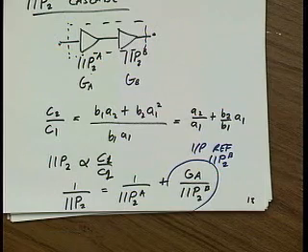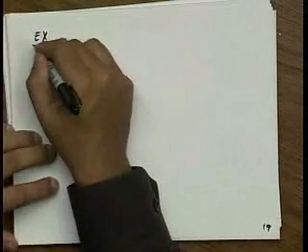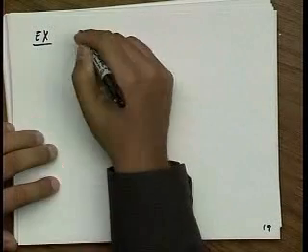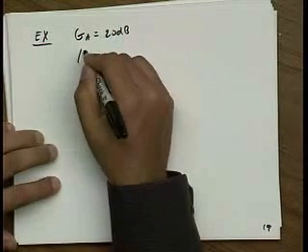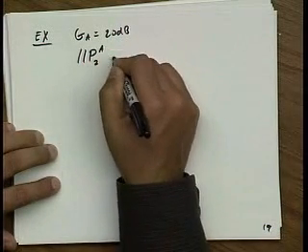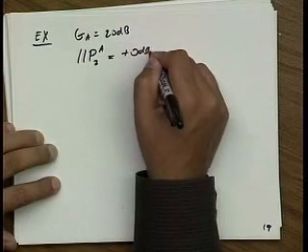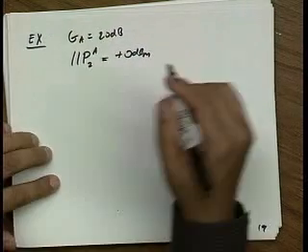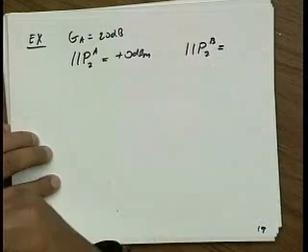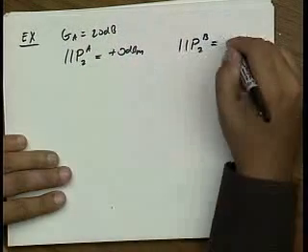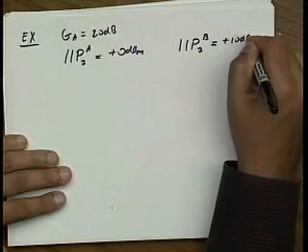Crystal clear. Good. All right, so let's do an example. Let's say that I have an amplifier with a gain of 20 dB and an input IP2 of plus 0 dBm. Okay? And now let's say I pick a second amplifier and it has an input IP2 of only plus 10 dBm.